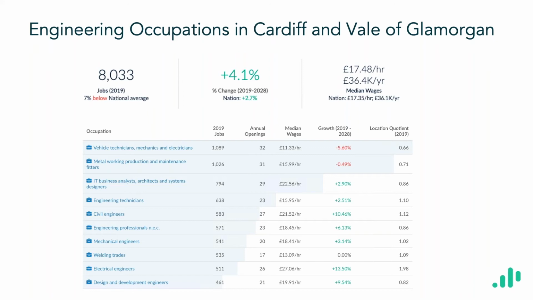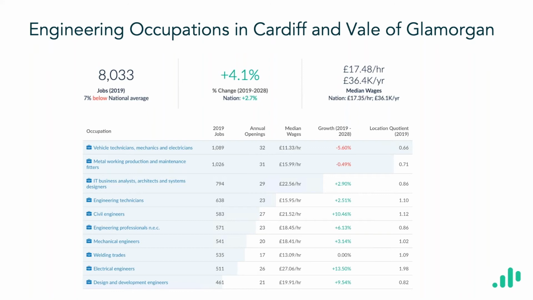So this then starts to break out those 8,000 jobs and look at the growth, and look at which of the areas, which of the particular occupations are going to be the best performing. So if we just look at the first couple, for example, we can see that there's a negative growth rate. So there's a decline in growth for vehicle technicians and metalworking.